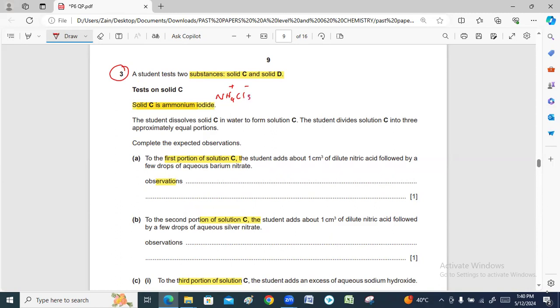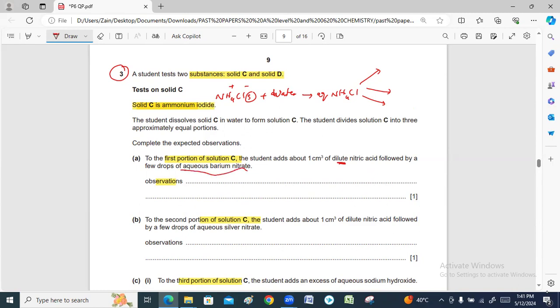So this solid was dissolved in water to get an aqueous solution of ammonium chloride. Now we have three different test tubes, and there are three different tests. To the first portion of solution C, the student adds about 1 cm cubed of dilute nitric acid, followed by a few drops of aqueous barium chloride.